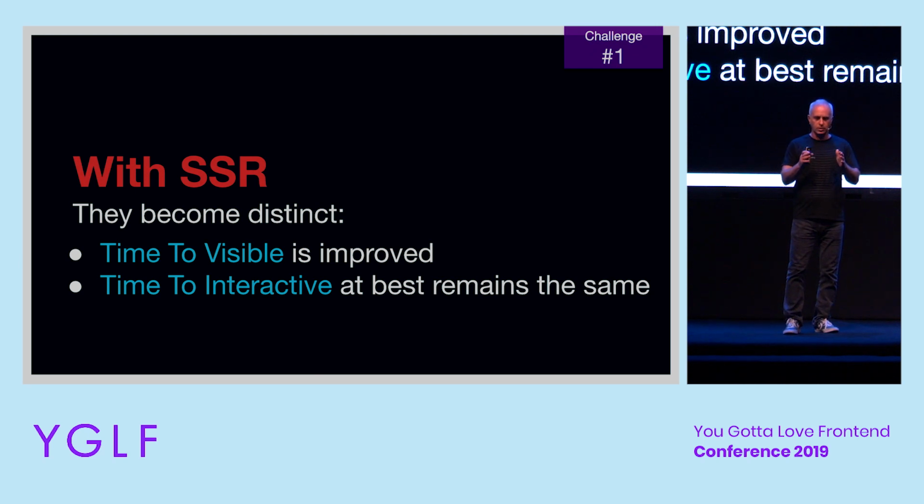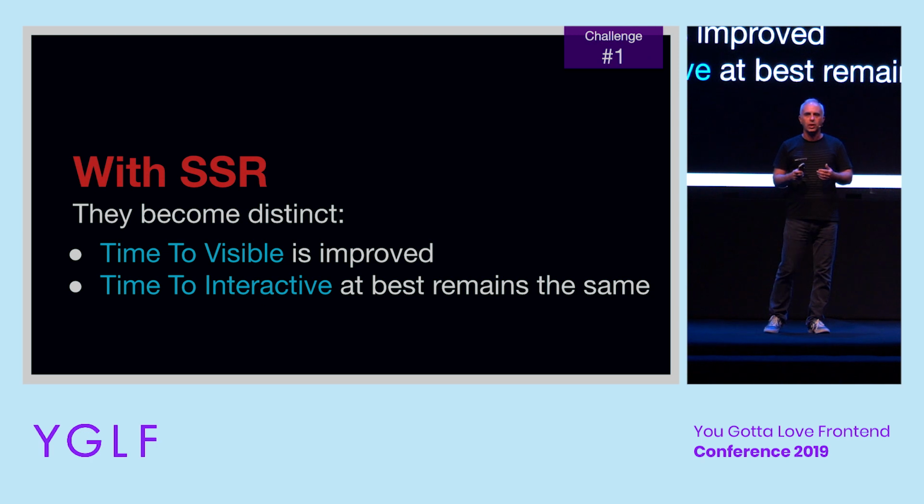So it creates this scenario where you have a visible user interface, but it's either non-interactive or at best partially interactive. I recently saw a presentation mentioning that Akamai did research showing that if time to interactivity is more than 30% longer than the time to visible, that induces rage clicking, which means that if there are buttons, people start going tat, tat, tat, tat, because they're annoyed that nothing responds to their interaction.